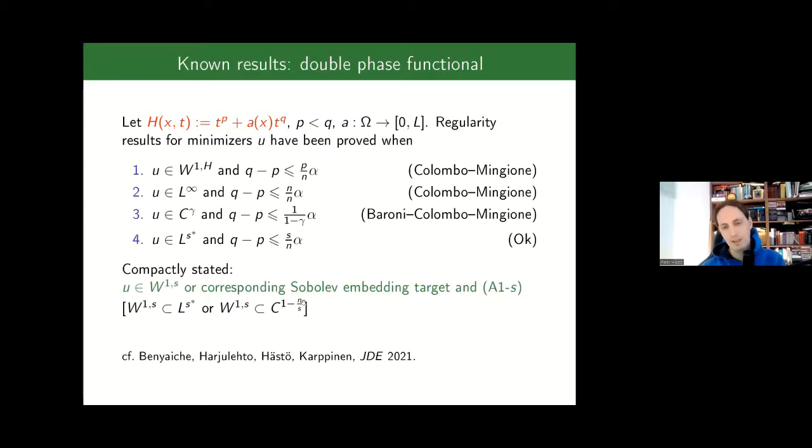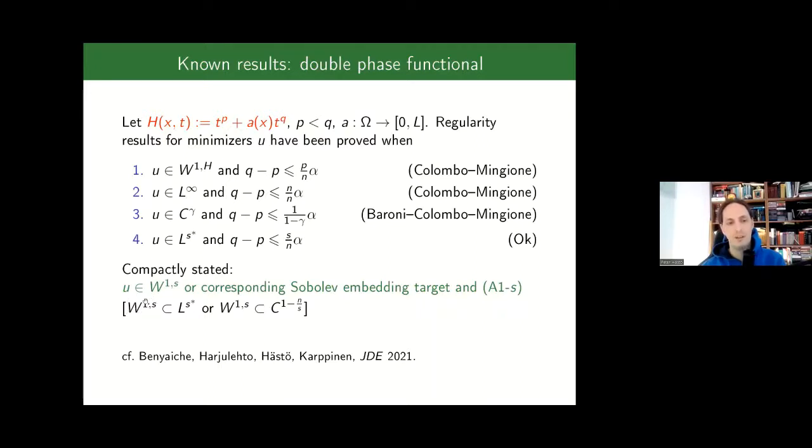So you can see if you take this gamma equal to 1 minus n over s and use it here in 3, then you end up with s divided by n again. And of course, in this number 2, this L infinity is somewhat stricter.